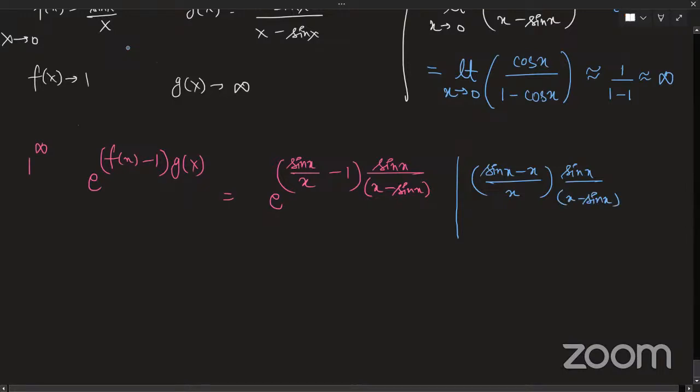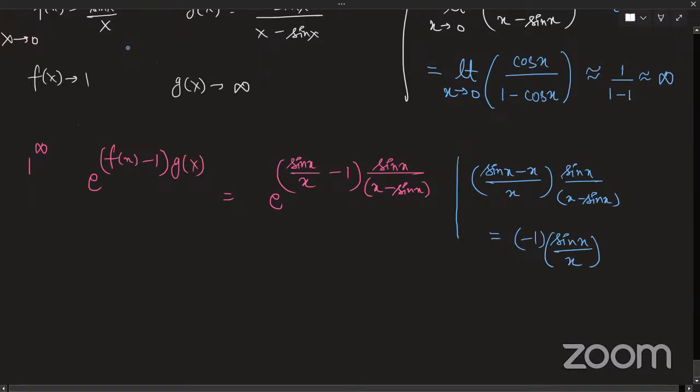This sin x minus x and x minus sin x, can it be cancelled out? Yes, it is allowed to cancel. If they are cancelled out, minus 1 will come out, right? So minus 1 into sin x by x.